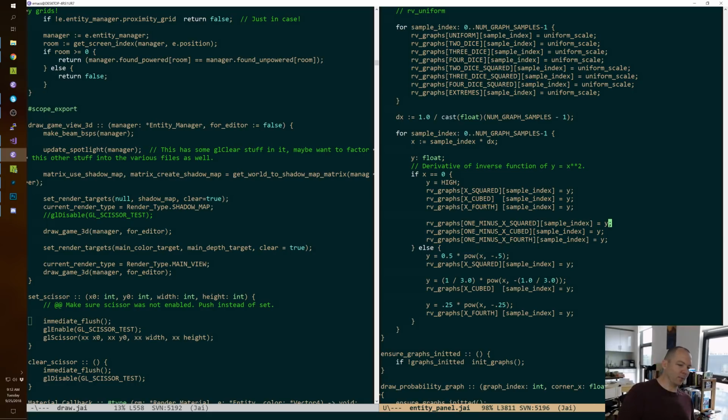That's the inverse function of that. And the derivative of that is, of course, 1/2 times 1 minus y to the minus 1/2. So it's basically the same thing, but with a 1 minus where you would want it.